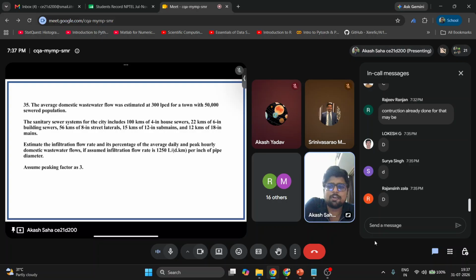In this question you have to find the percentage, or the ratio, of the infiltration flow to the average sewage flow, that is, the discharge of infiltration divided by the discharge of sewage, for the average and the peak hourly domestic flow. So that you have to calculate.